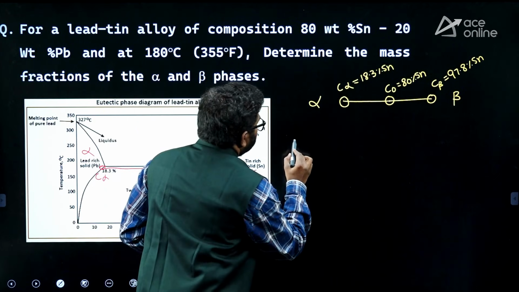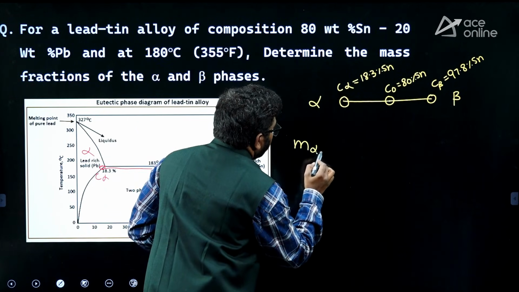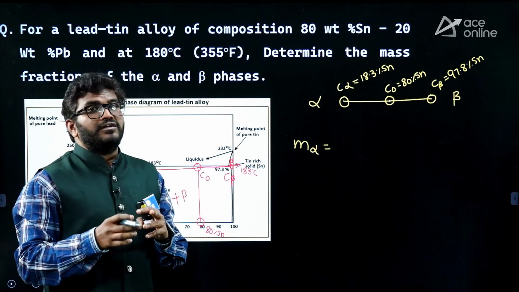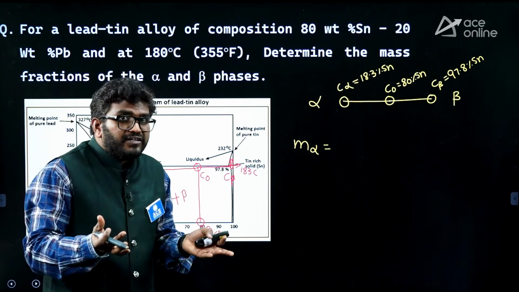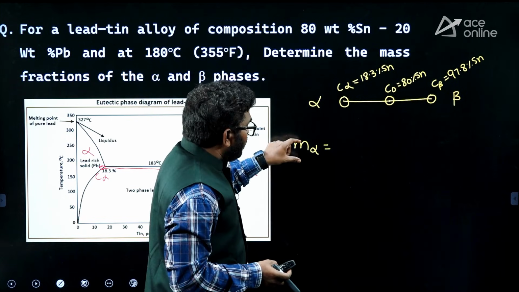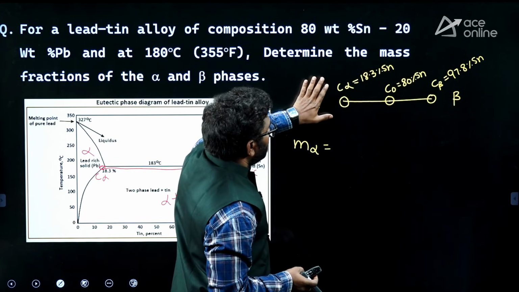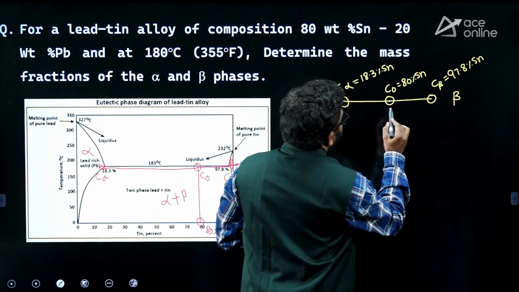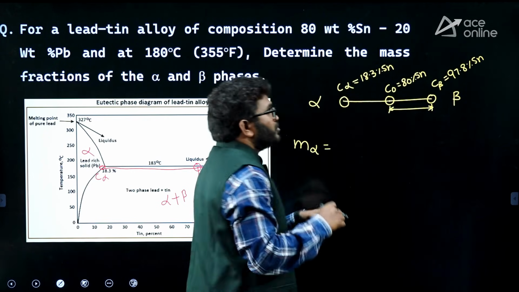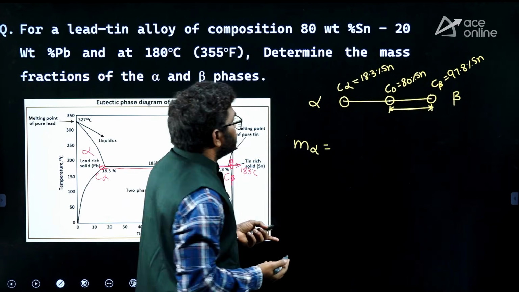So, the mass fraction of alpha I want to calculate. What is the trick to calculate alpha without remembering the formula? If I want to calculate alpha, alpha is on the left side, so take the opposite half of the line. So what is that?